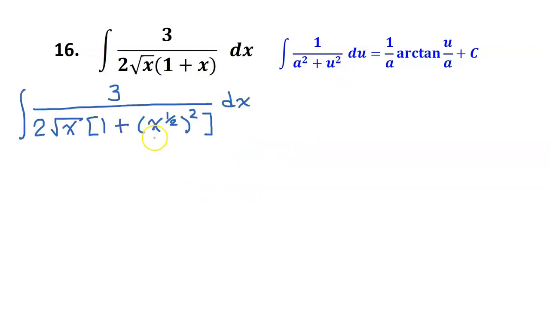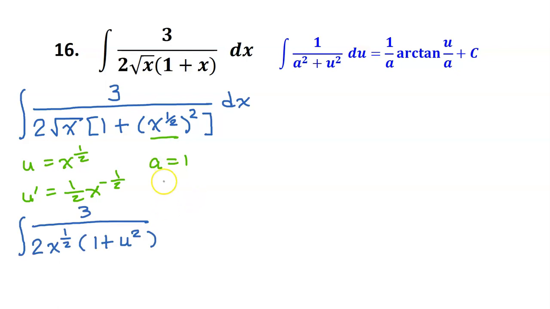Now I can see that u must be x to the 1/2 power. So u is equal to x to the 1/2 power, which means that u prime is going to equal 1/2 x to the negative 1/2 power. A must be 1 because I just see the 1 right there. So a is 1. So far, I went ahead and substituted u for x to the 1/2 power, so I have u squared.